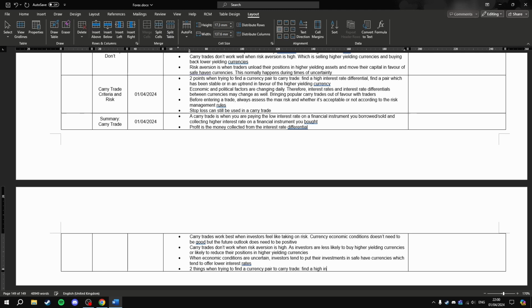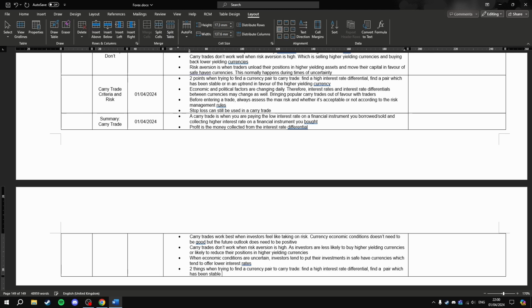Find a high interest rate differential and find a pair which has been stable or in an uptrend in favor of the higher yielding currency.